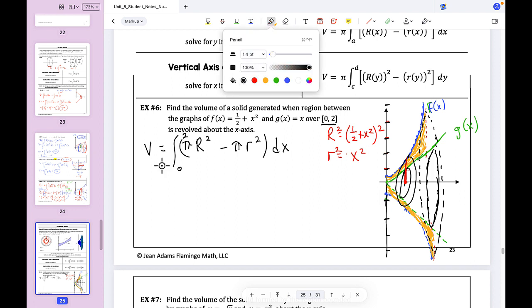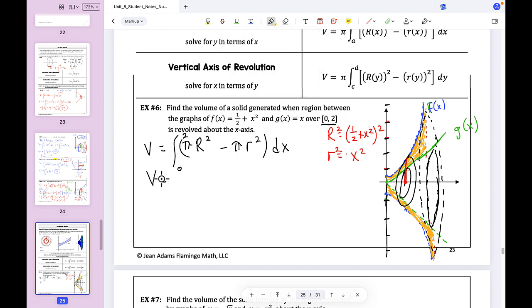Okay, now let's translate that into our volume formula. So volume equals, okay, I'm going to take the pi out, right? 0 to 2, and I'm going to use a bracket here, 1/2 plus x squared minus little r squared, which is x squared, dx. Okay, and then we're going to integrate that. So the volume will equal pi, that's the integral.